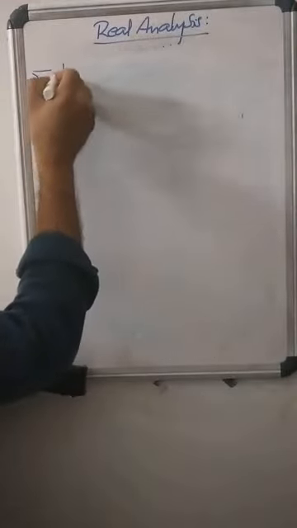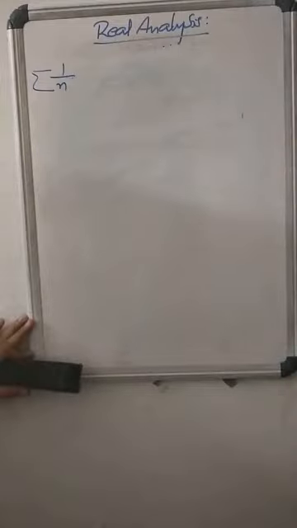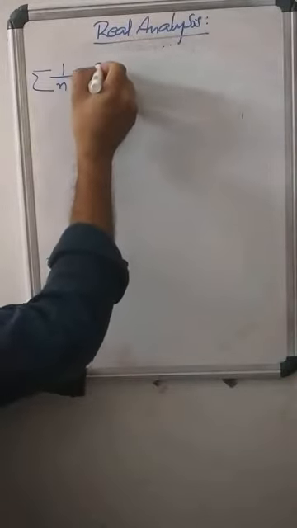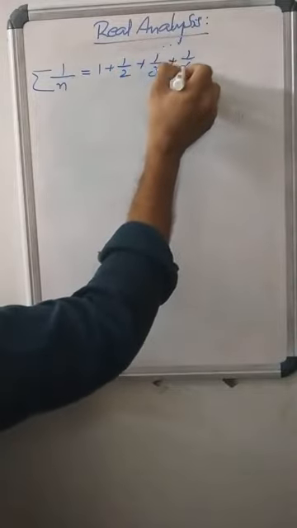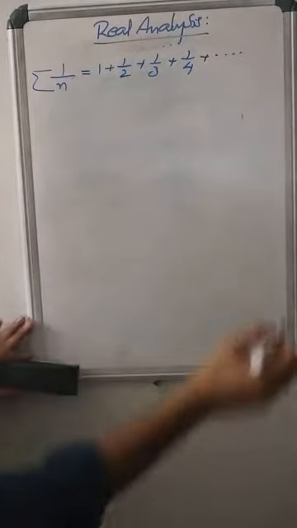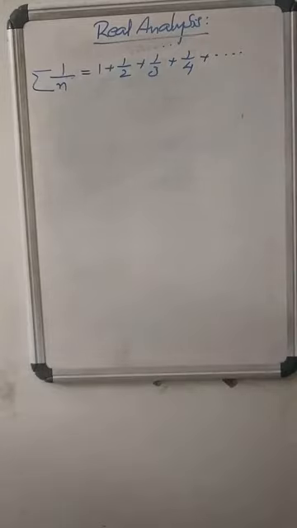Now consider the harmonic series. What is the harmonic series? Sigma 1 by n, which is 1 plus 1 by 2 plus 1 by 3 plus 1 by 4 plus, etcetera. And we see that sigma 1 by n always diverges. Now this can be rearranged. How to rearrange?